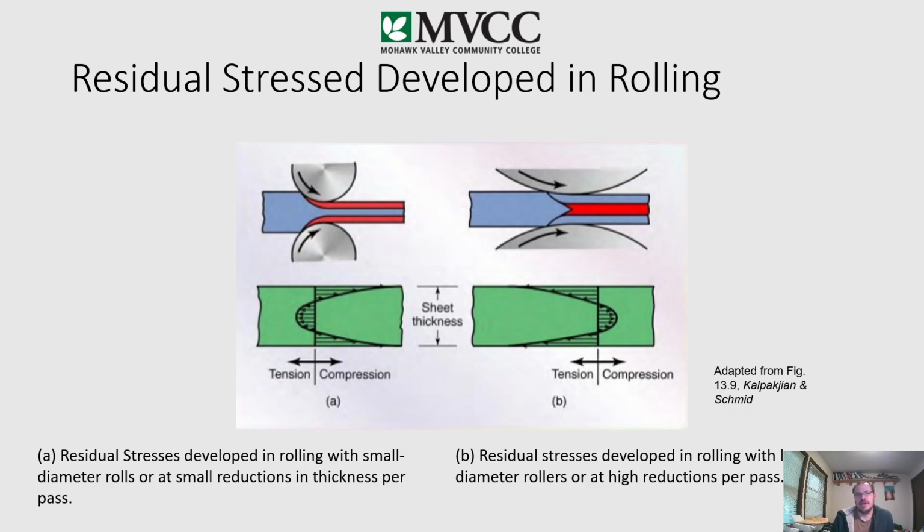But apparently, as you cut it, you can actually see that piece flex. And that's all internal stresses created when you're doing that rolling process, that cold work. So cold work adds residual stresses developed during rolling, or really any cold work is going to develop internal stresses.